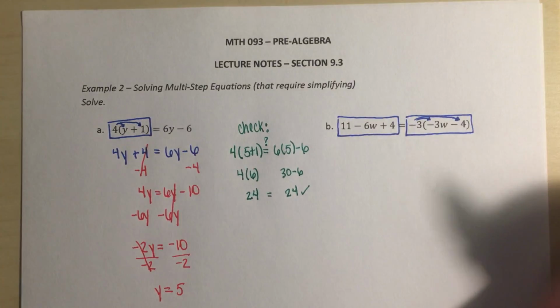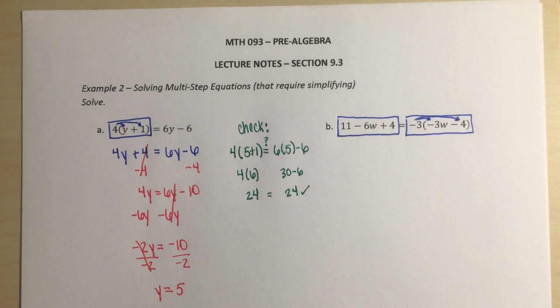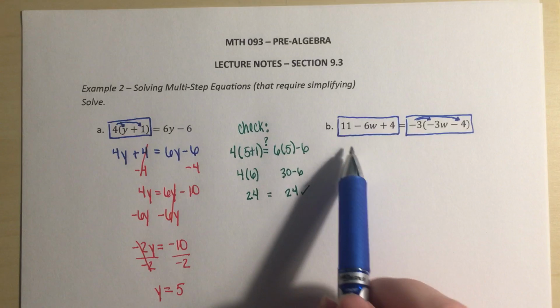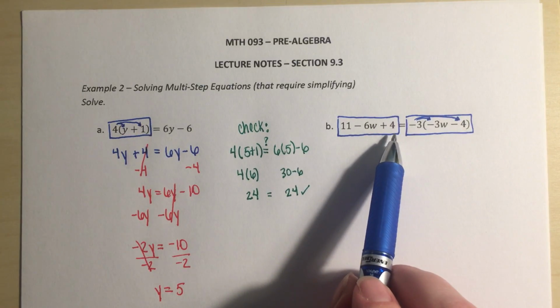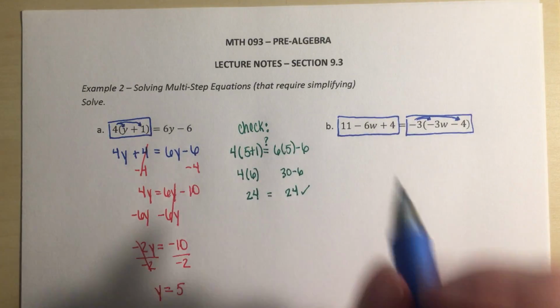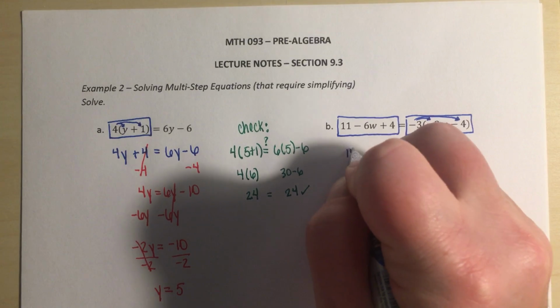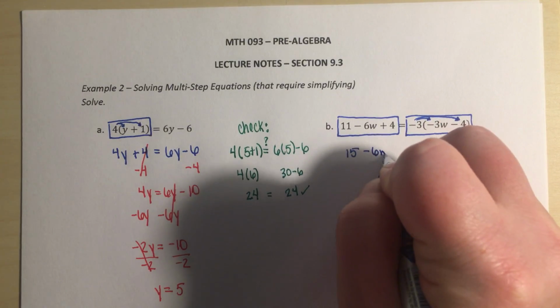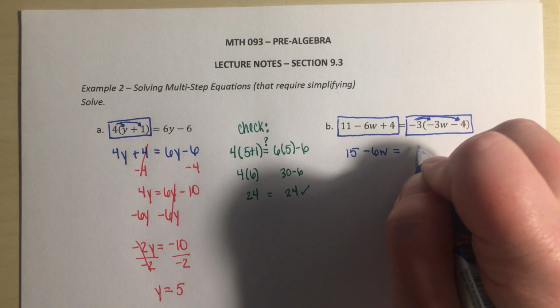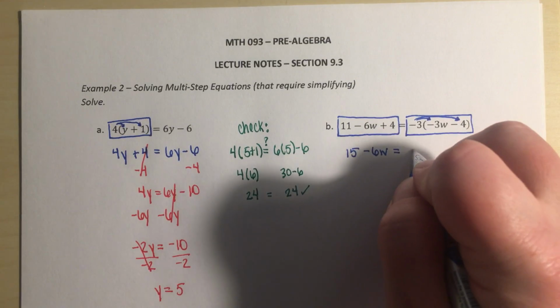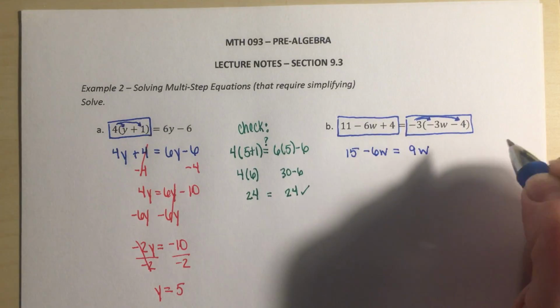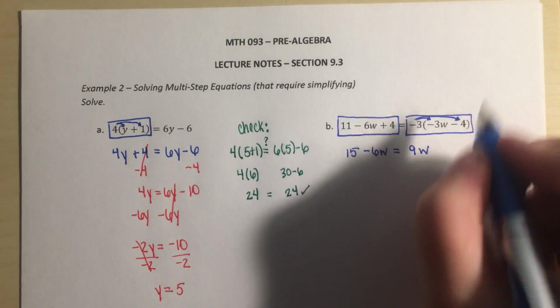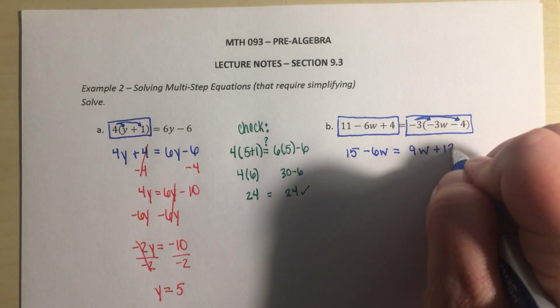Anytime we see 3 terms, that should tell us that we can go ahead and combine something. So we can combine our 11 and our 4. 11 plus 4 gives us 15. So we have 15 minus 6w equals, negative times negative gives us a positive 9w. Negative times negative gives us a positive 12.